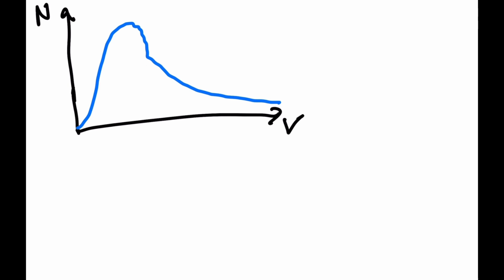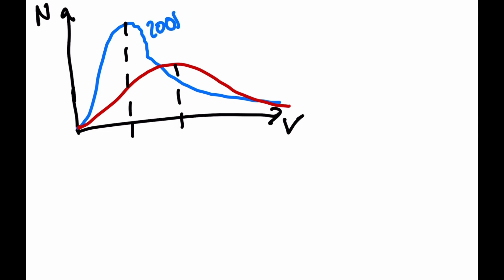These distributions relate to different temperatures. This one, because it has a lower velocity of particles, has a lower temperature, and this one a higher temperature. So this one could correspond to 200 Kelvin, and this one could correspond to 500 Kelvin.